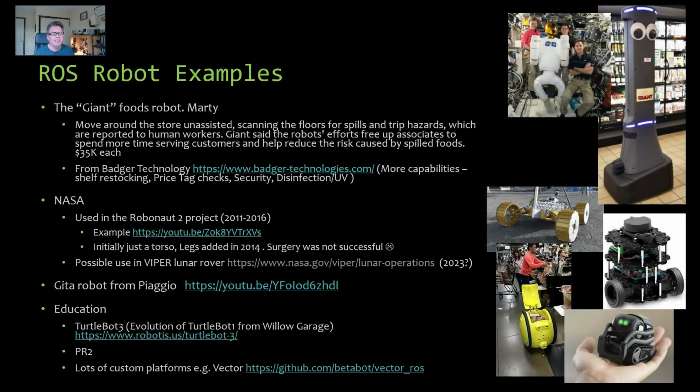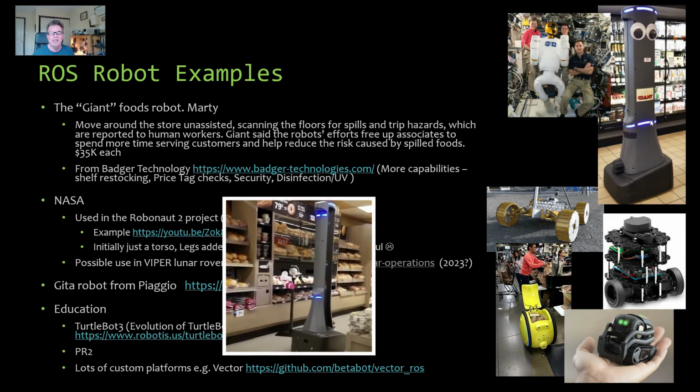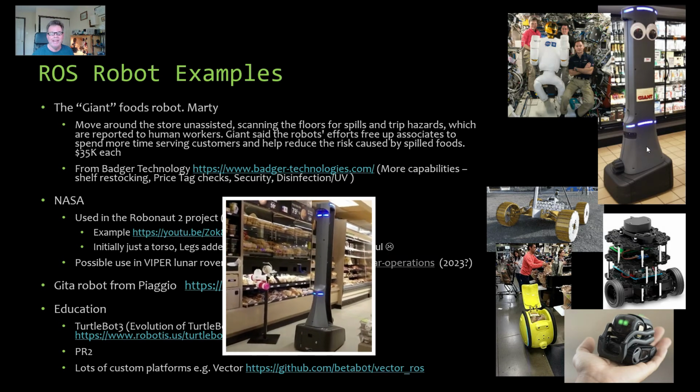I wanted to have a look at some examples of robots that have been developed using ROS out there. I'm in Philadelphia, so I live close to a lot of Giant food stores. And one of the things that they got a couple of years ago was this robot called Marty.